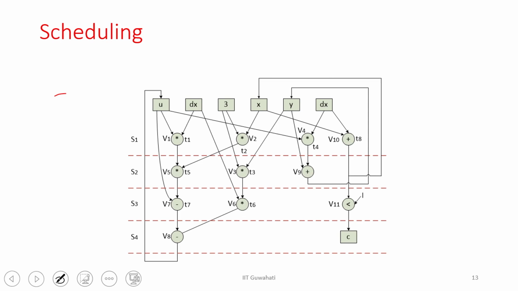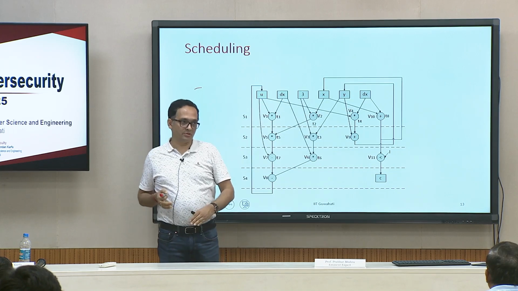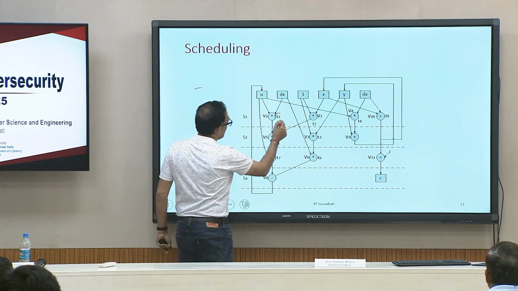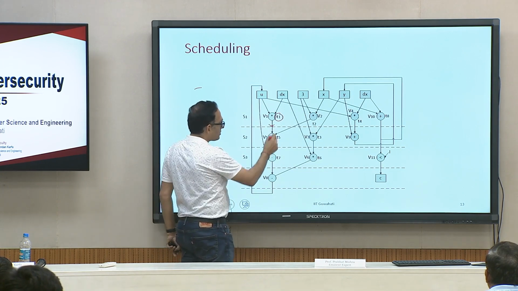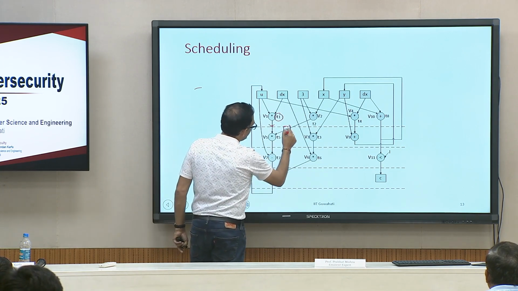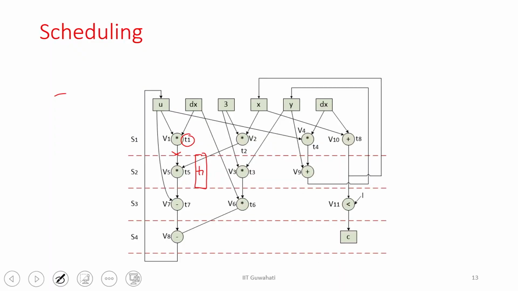Yes, exactly. For a variable I have to see what its lifetime is, when it is defined and when it is last used. For example, T1 is defined here and it is used here. So the lifetime of T1 is this. You need to store the value of T1 only for that clock cycle, I do not need to store it anywhere else.